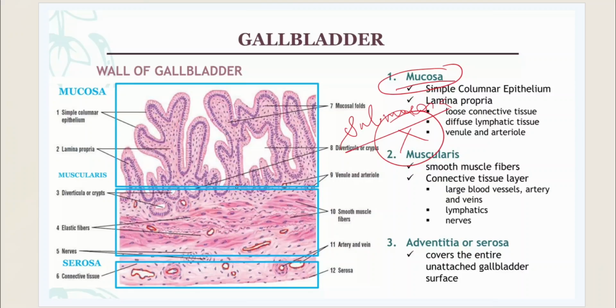The muscularis mucosa is also absent. In the mucosa, you can see some folds. These mucosal folds, also known as the crypts of Luschka, are diverticula or crypts known as the crypts of Luschka.